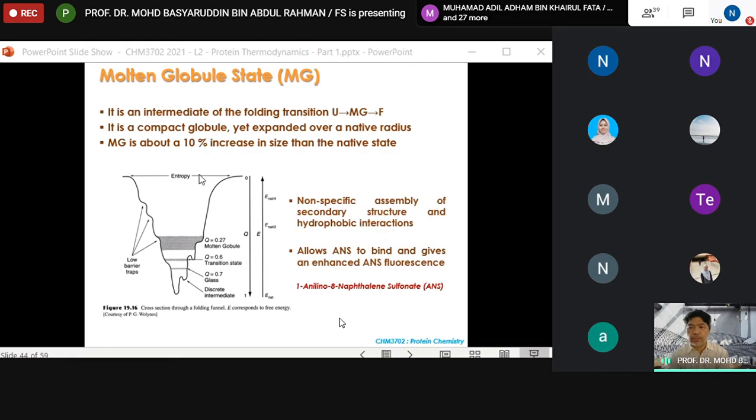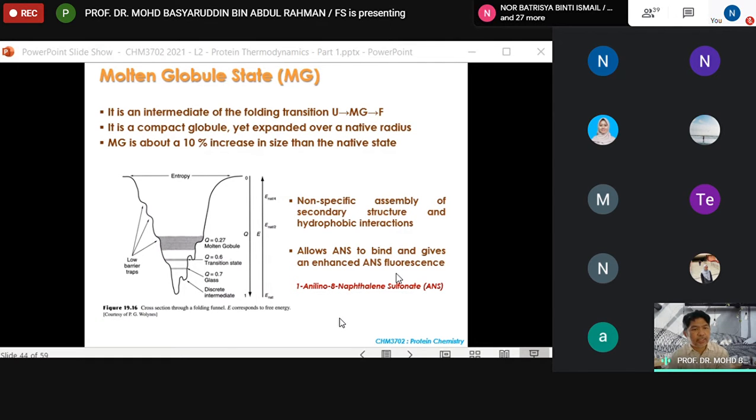For example, we can use ANS, 1-anilino-8-naphthalene sulfonate, to bind to the protein, which will give an enhanced fluorescence, and from there we can study it. This is how to study this.